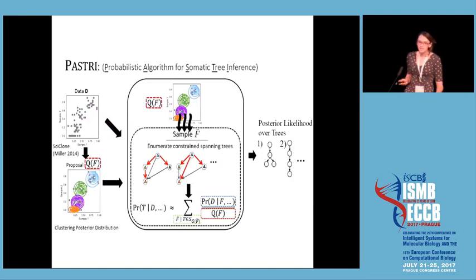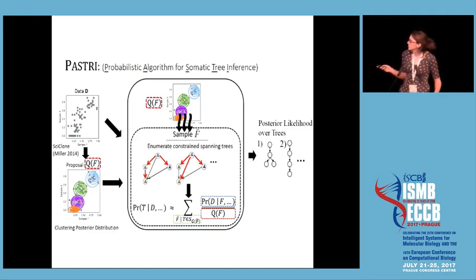We combine these ideas into an algorithm that we call Pastry. In Pastry, we take in our given allele frequency data. For our proposal distribution, we use one of these unstructured clustering approaches to give us a proposed clustering, something that, if we ignore the tree constraint, looks pretty good.